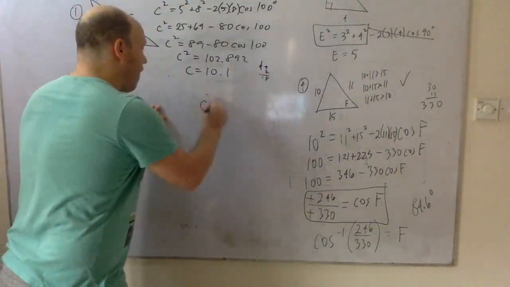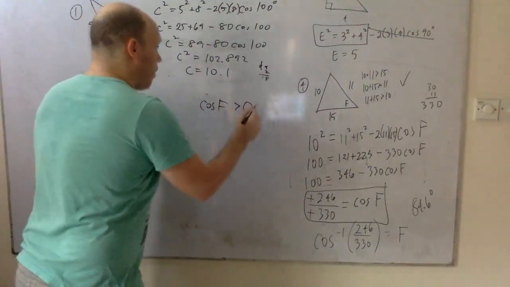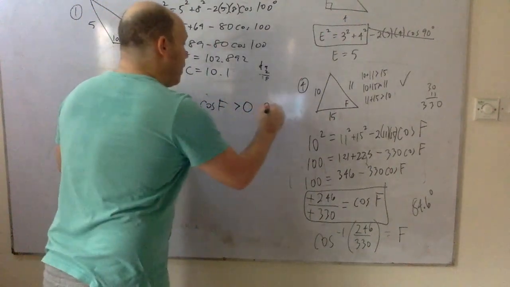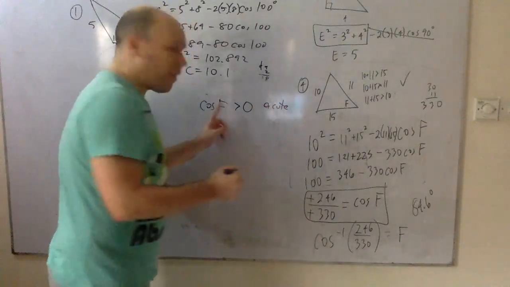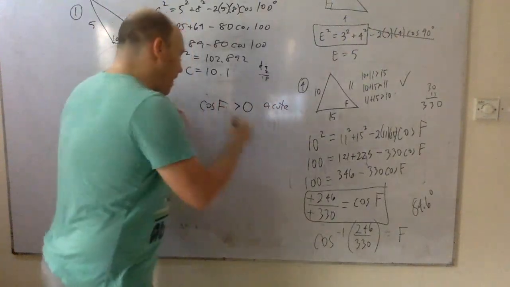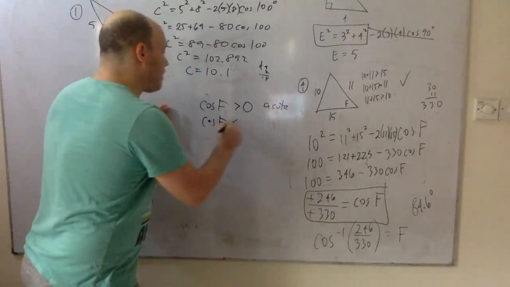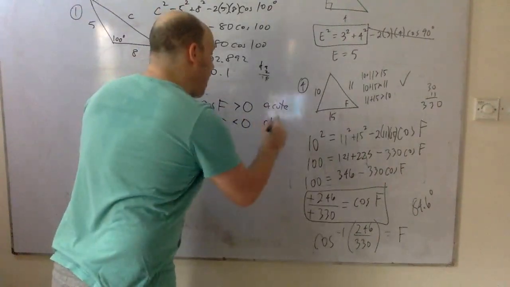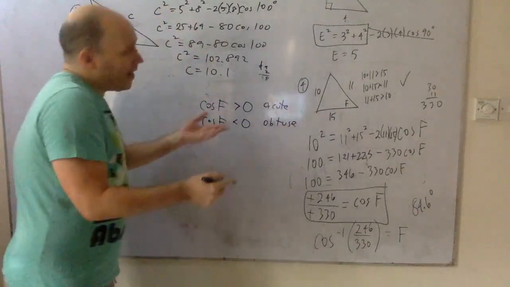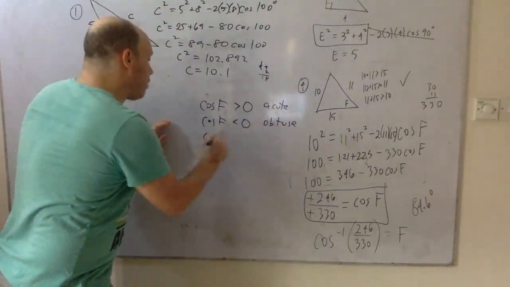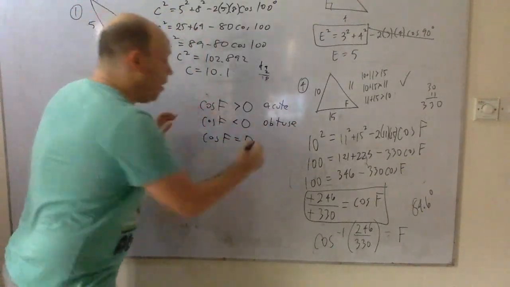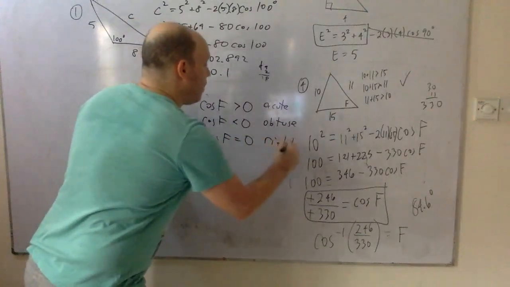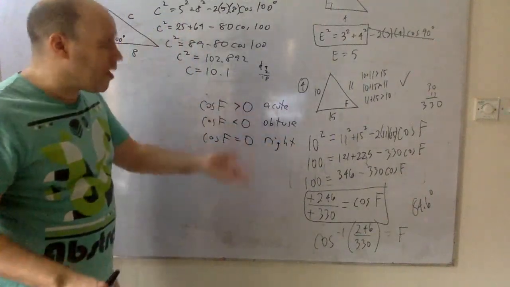If the cosine of F is greater than 0, then we have an acute angle, because we're in the first quadrant. If the cosine of F is negative, we're in the second quadrant and we have an obtuse angle. And to round it off, if the cosine of F is equal to 0, it's a right angle. There's no other case, because we're only dealing with triangles.